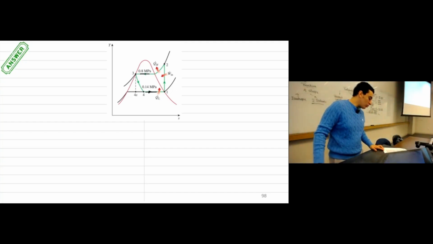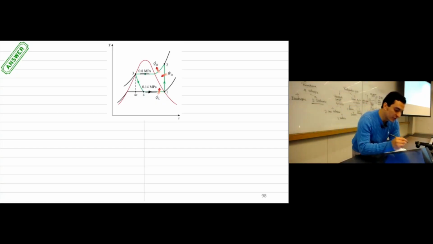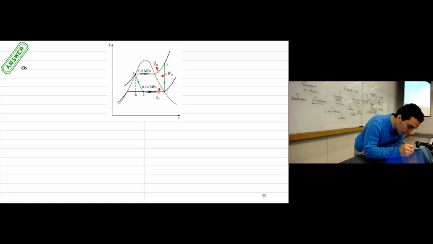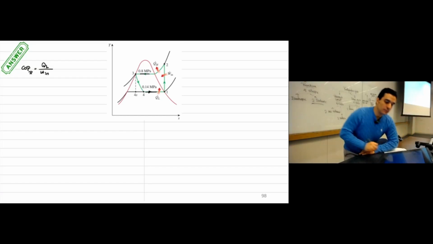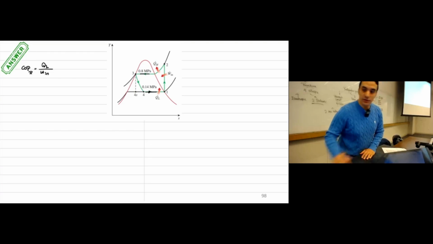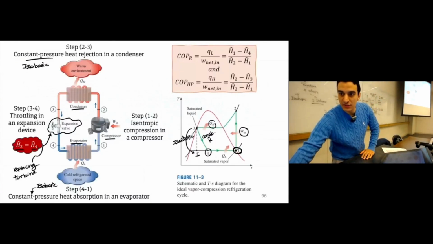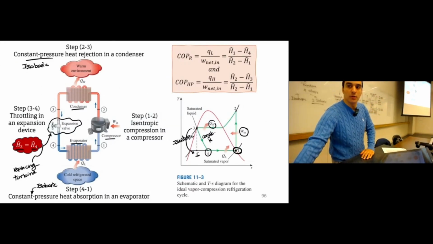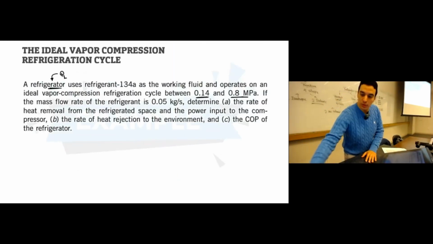So again, we need to find coefficient of performance for this one. So coefficient of performance, this is the refrigerant cycle. So this one will be QL over work in. And what is QL? So if you see the example, QL is H1 minus H4, inlet work H2 minus H1.